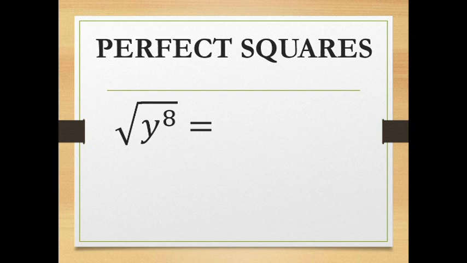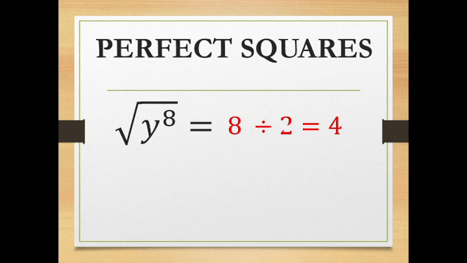How about the square root of y raised to 8? Is this a perfect square? Kapag naka-encounter kayo ng ganito, titingnan nyo lang yung exponent sa loob ng square root. Kapag divisible by 2, ibig sabihin, the number is a perfect square. Ang gagawin lang natin dito para makuha yung square root, i-divide lang sa 2 yung exponent.